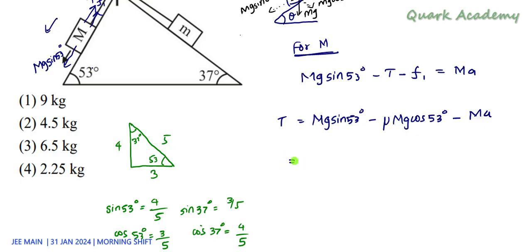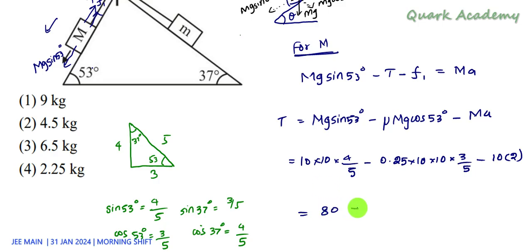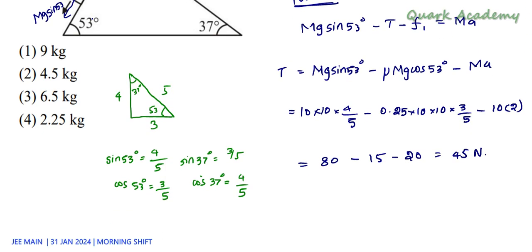So let's substitute everything. M is 10, g is 10, sine 53 is 4 by 5, minus mu is 0.25, M is 10, g is 10, cos 53 is 3 by 5, minus M is 10, a is 2. So we get 80 minus 15 minus 20, which gives 45 Newton. So tension we figured out is 45 Newton.